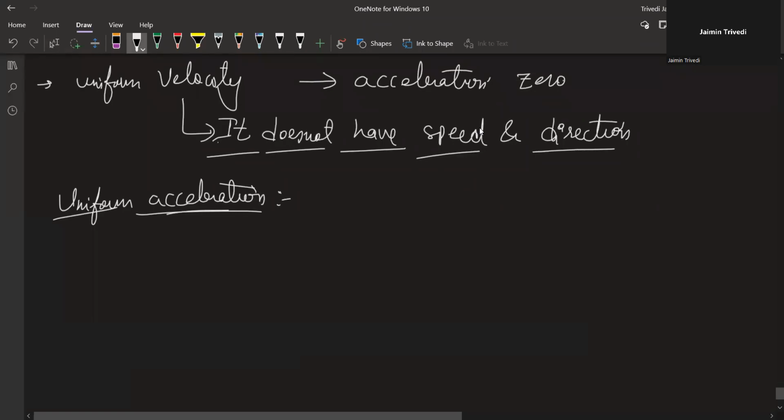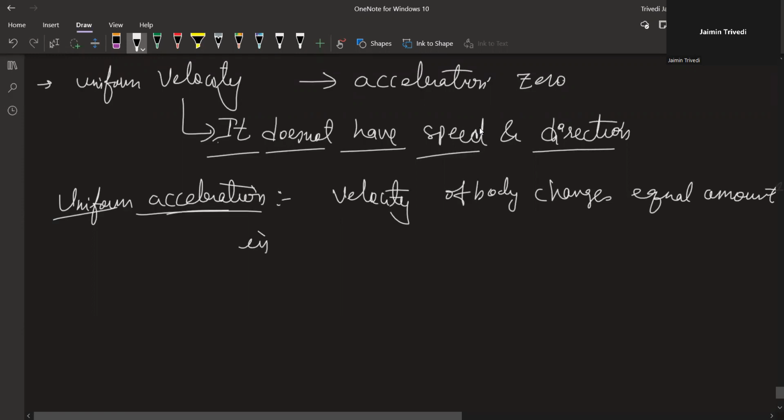It means the velocity of the body changes by an equal amount in the same time interval. So we can say the body is uniformly accelerated.